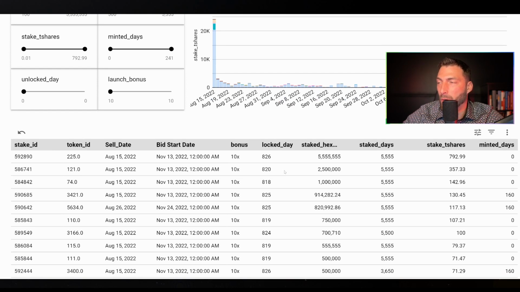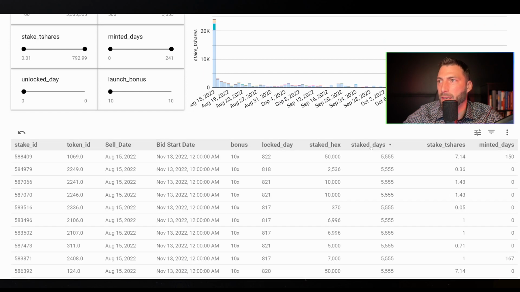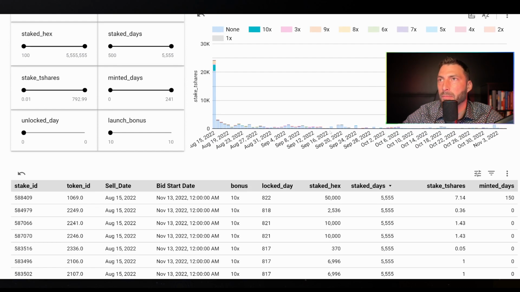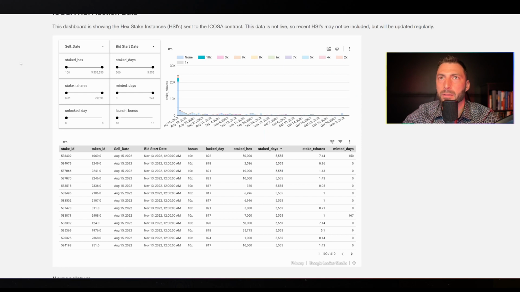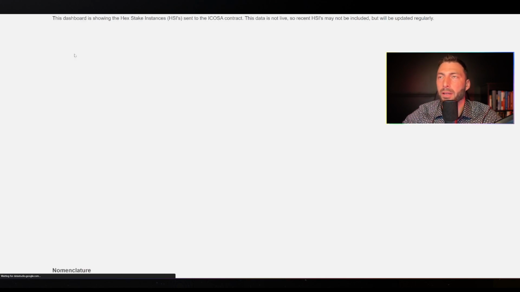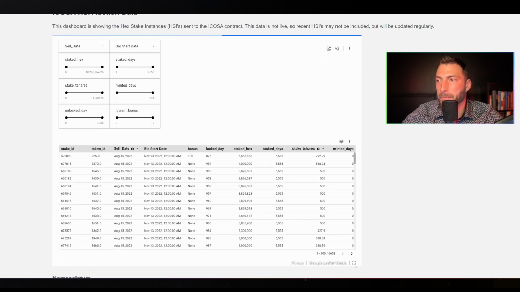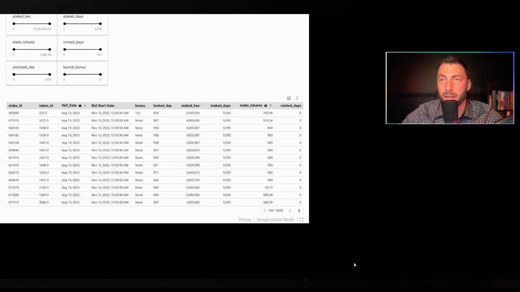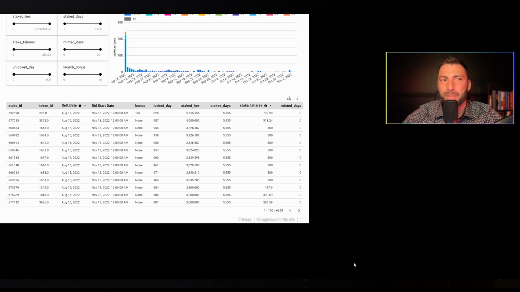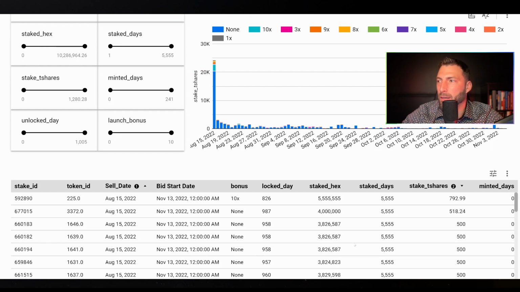One of them was the interesting fact that if I go by staked days, let's see if this works here. Let me restart this page really quick, refresh it to show you this. I'm curious too, by the way, how well this page is going to load during the auctions. I have a feeling there's going to be a lot of demand for it, but you can do your research now before people try to use the bejeebers out of this thing.